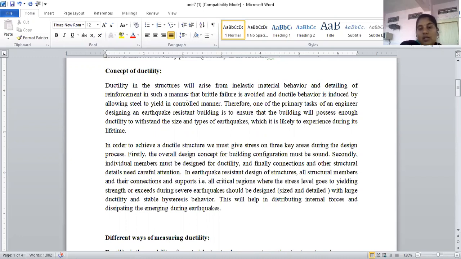So we have to move for ductile behavior material, which will be introduced into the building, and that will help us to resist the dynamic loads coming on the structures. They can withstand the forces and will reduce the damages also.